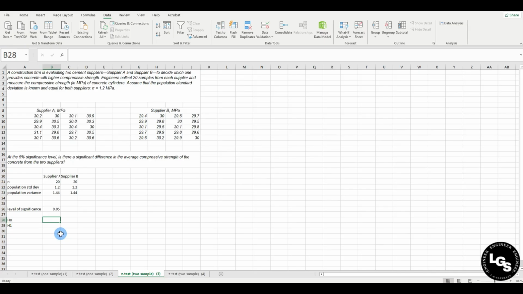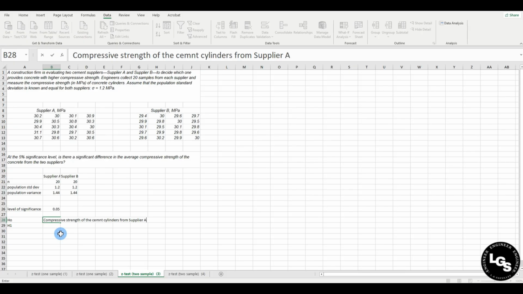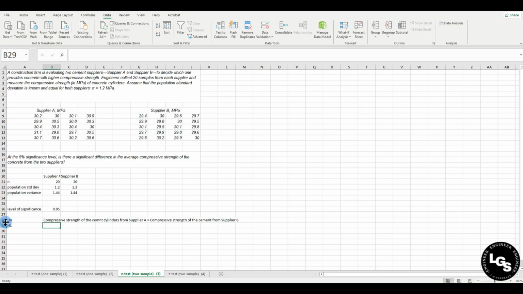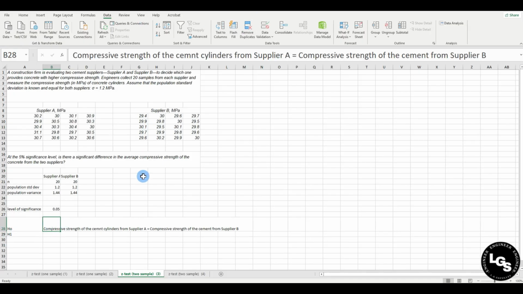So simply we can write here that the compressive strength of the cement cylinders from supplier A is equal to the compressive strength of the cement from supplier B. So their compressive strengths are equal, meaning there is no difference.